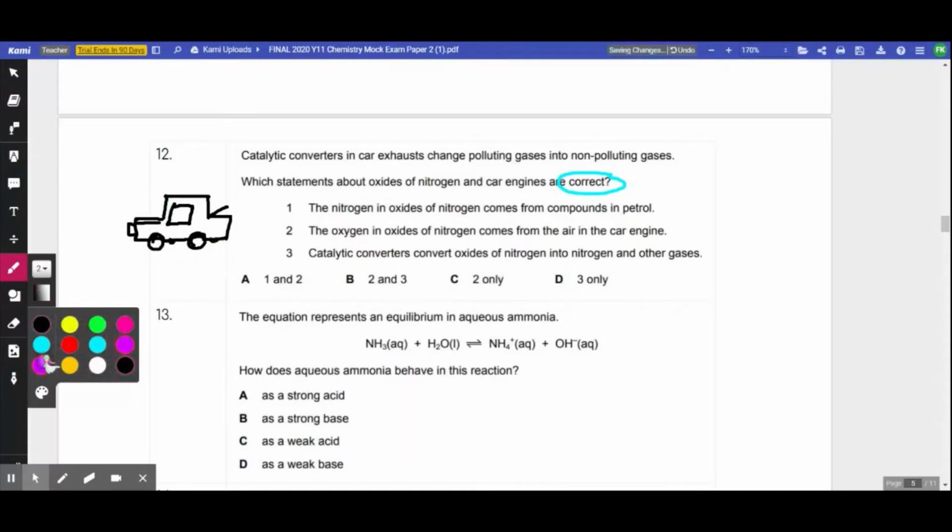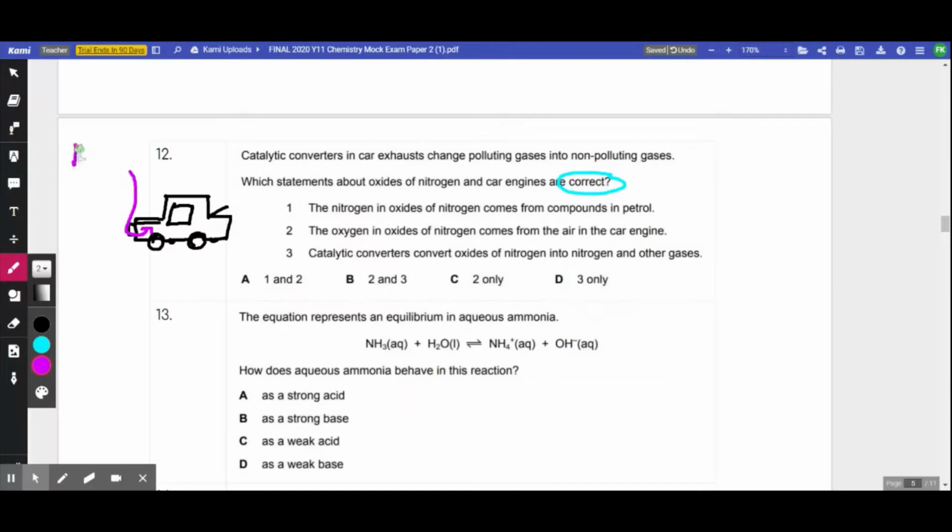If we look at this section over here, inside there you find the engine, and inside the engine you have very, very high temperatures, extremely high temperatures. The engine is combusting all of the fuel inside there, all of the octane, or perhaps it's diesel.